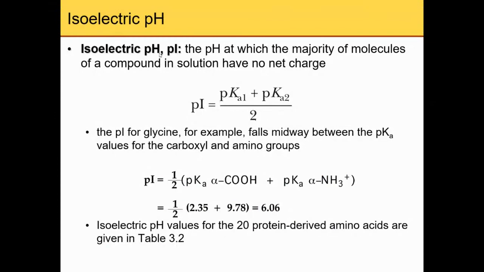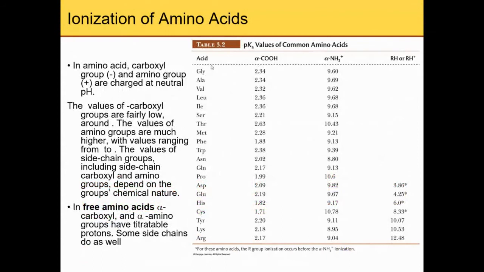And then isoelectric point, isoelectric pH, the pI. That would be the pH at which the majority of molecules of a compound in solution have no net charge. So the pI would be half of pK1 plus pK2. For glycine, the pI would be 2.34 plus 9.6 divided by 2.